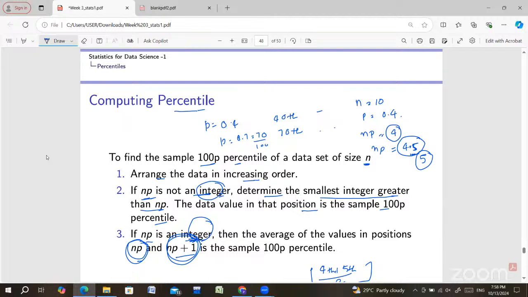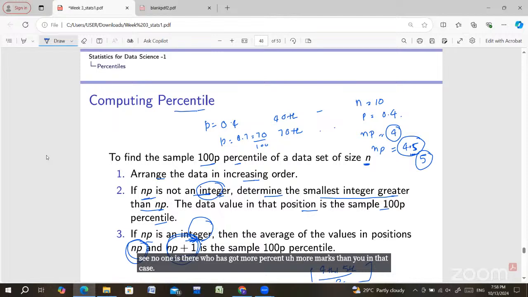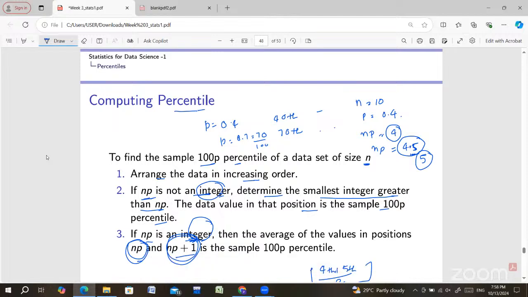See, no one is there who has got more marks than you in that case. That's why it's 100 percentile. It can be equal, but not more than that. Percentile represents only the position where you are in that data set.